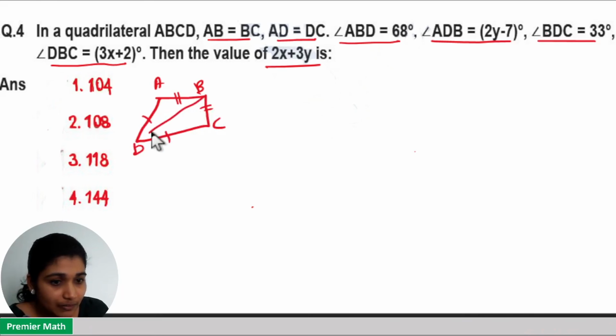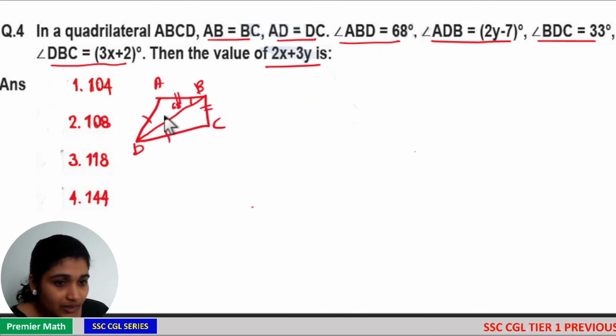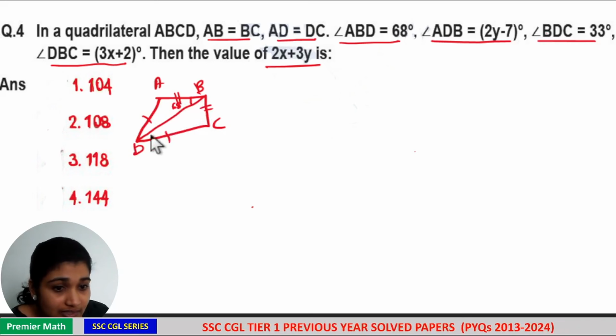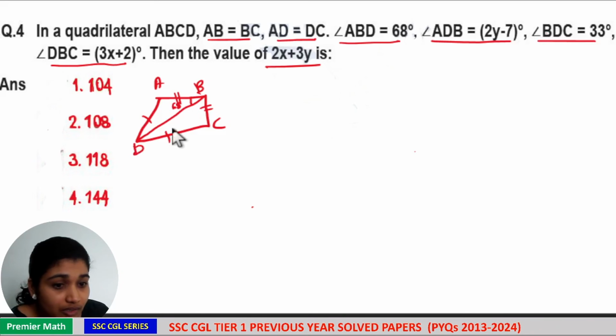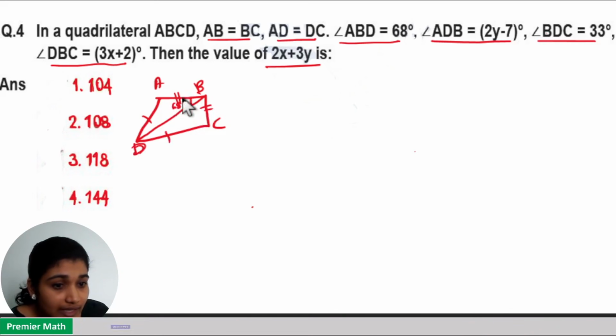Now, if you connect BD, here angle ABD is 68 degrees. When you connect BD, two triangles are formed, and side BD is common to these two triangles, AB and BC are equal, and AD and CD are equal.